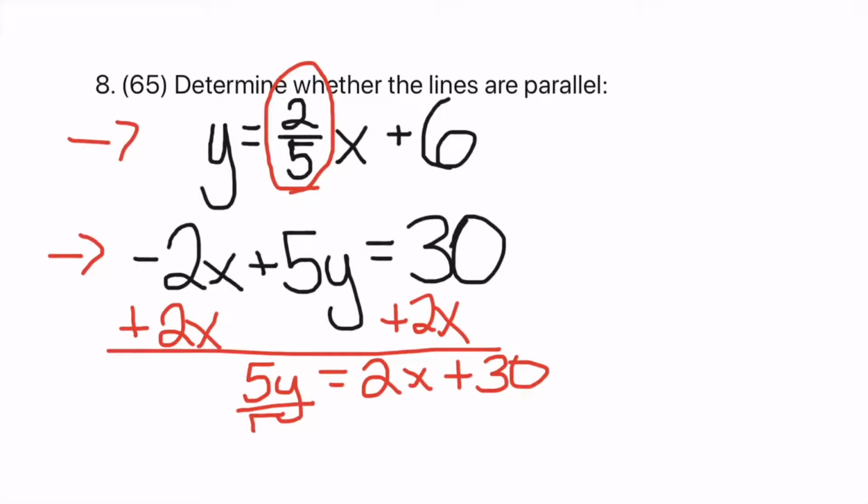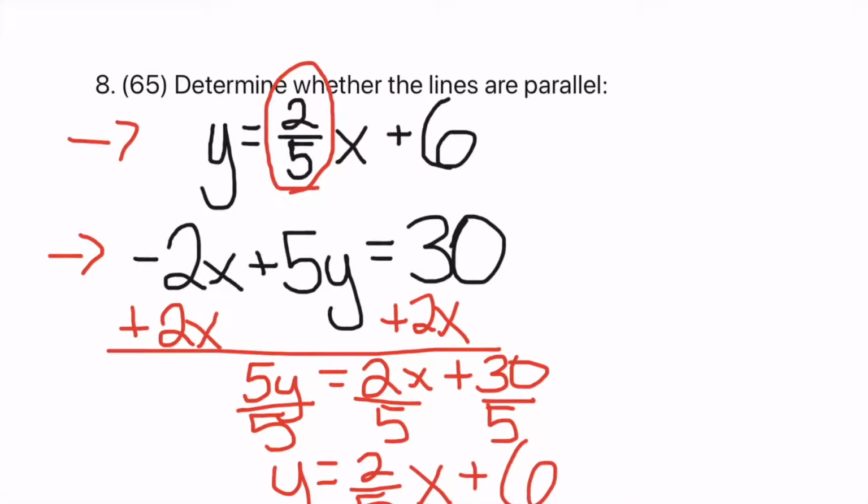Now I'm going to divide by 5, and I divide everything by 5 over here. And I am left with y equals 2/5 x plus 6. Now it doesn't matter that the y-intercepts are the same. All we care is that, notice, their slopes are exactly the same. So therefore, yes, these are parallel.